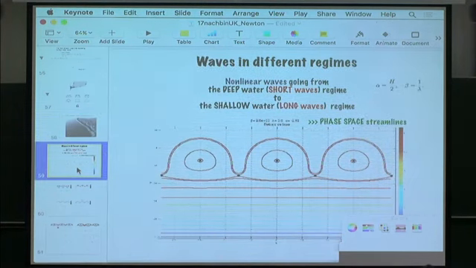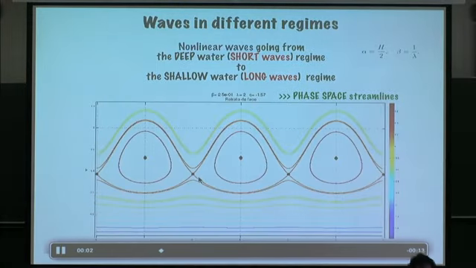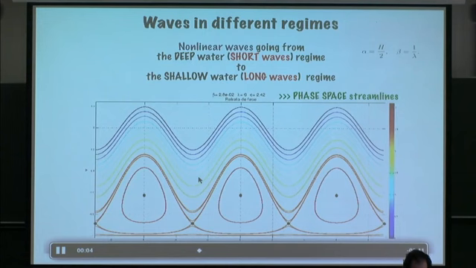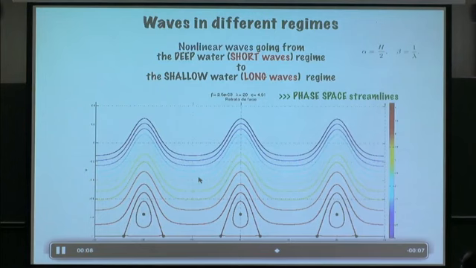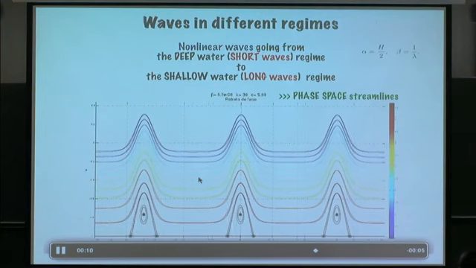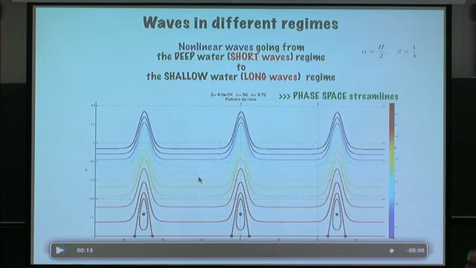Oh, here's a little one, a little bigger. Let me see what this one is doing. It's changing from short waves to deep waves, so this is going towards more of a solitary wave regime.